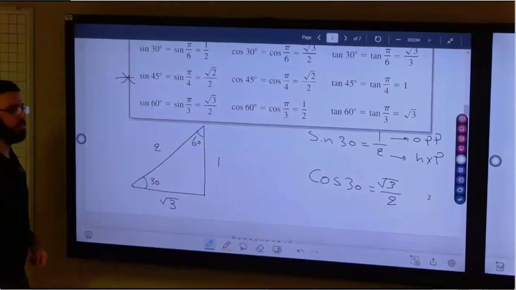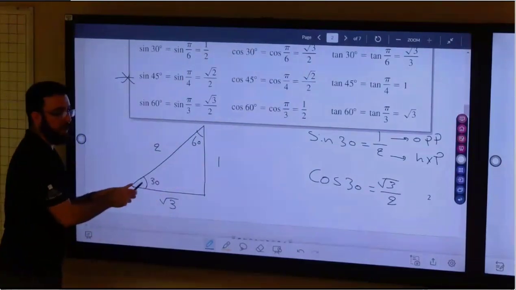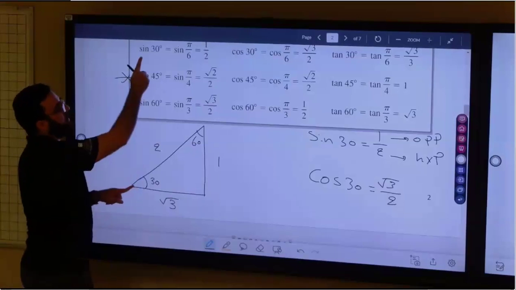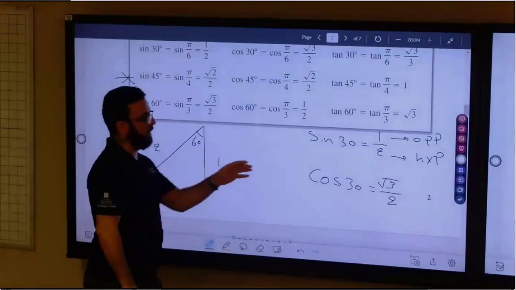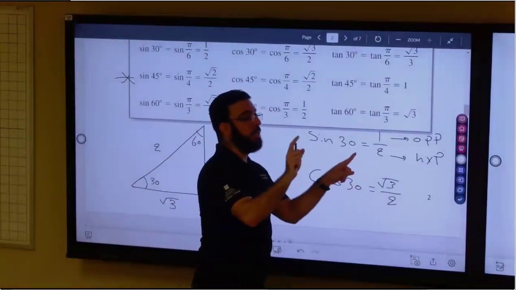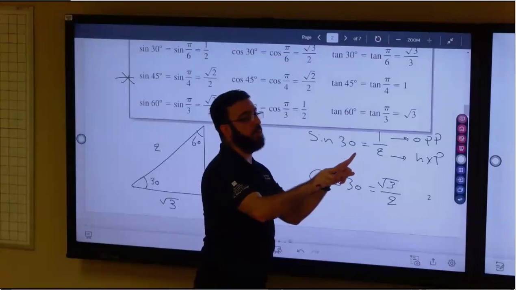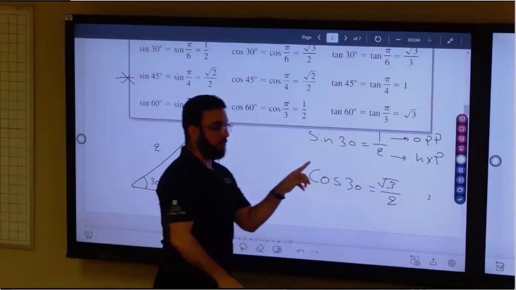Okay, look at the angle theta. What's the sine for theta? 1/2. Let's look here, 1/2. If we go back to the first page, the sine for theta equals what? Opposite over hypotenuse. So let's go back here.